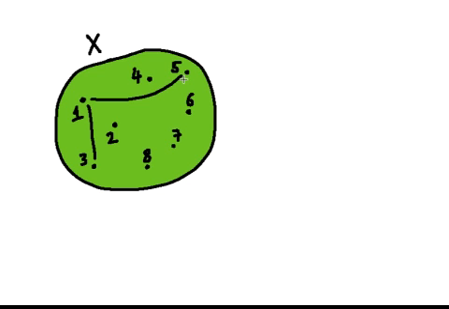And then 5 and 7 are both odd numbers, so these are related as well. And all the numbers among 1, 3, 5, and 7 are also interrelated because of transitivity, right? So we've got all these lines here as well, and also a line joining 1 and 5.